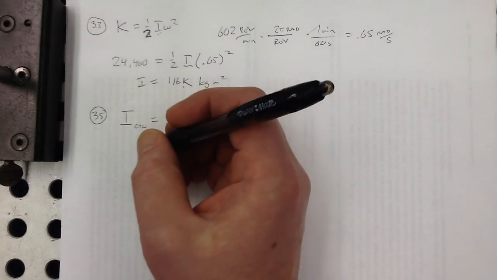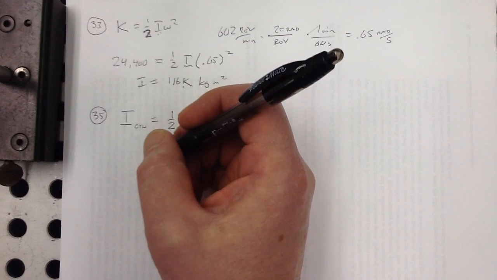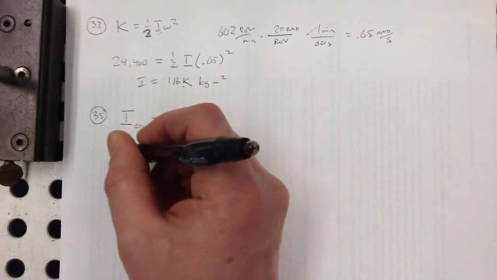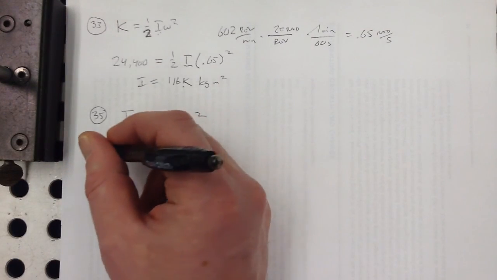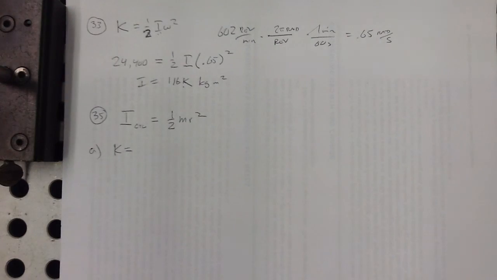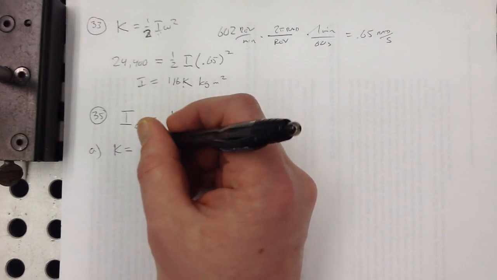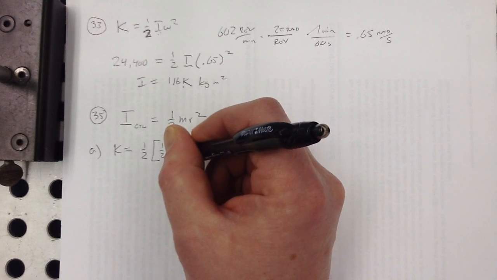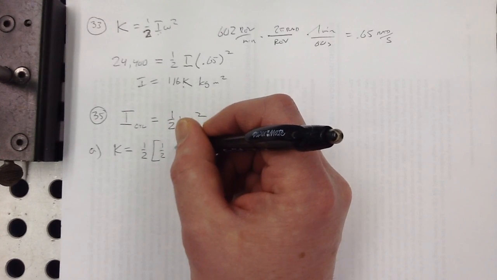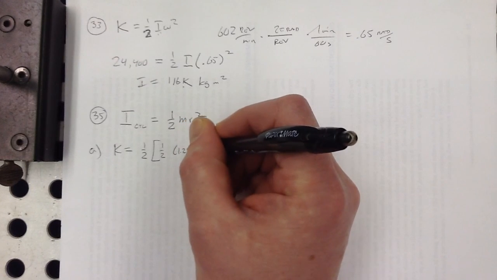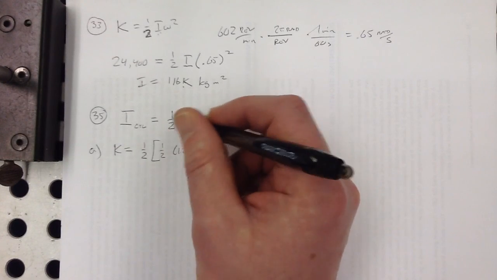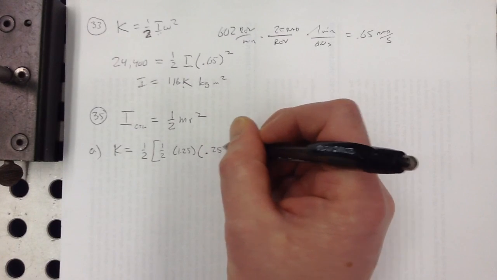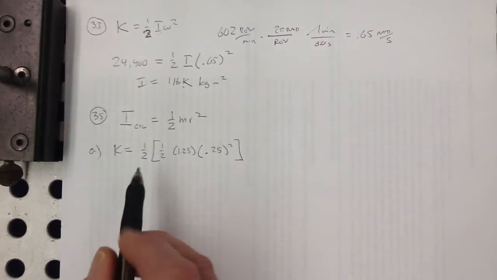All right, so the smaller one, we have 1/2 I, and the I here is 1/2 mr squared times the radius squared. So that's 1/2.